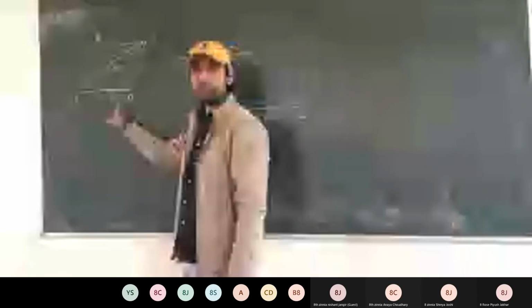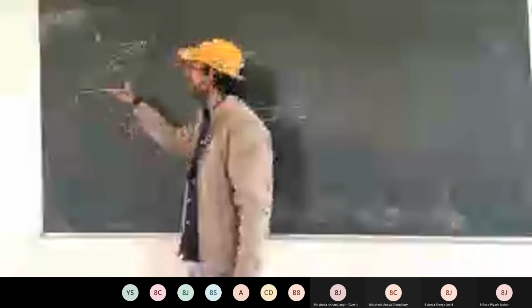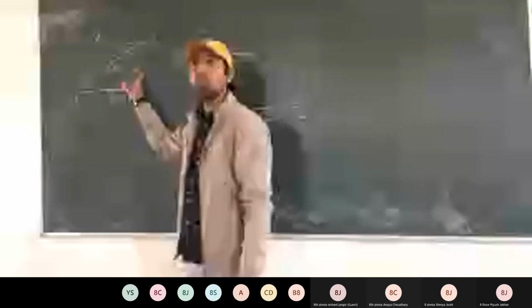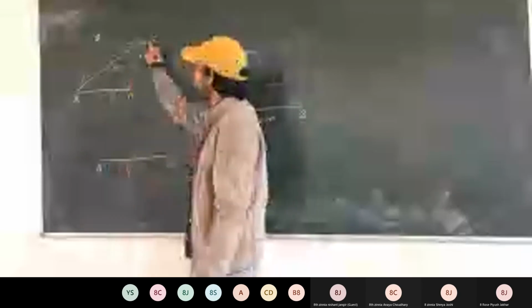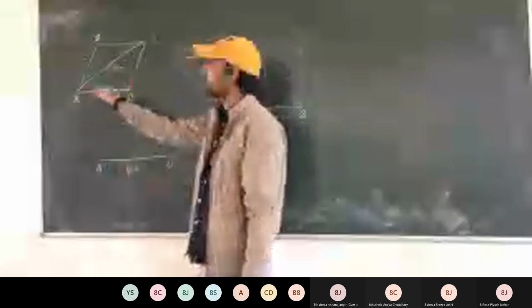How to draw? See here, AB is given as 4.7. It means all the sides are 4.7 centimeters. So first we draw a line AB of 4.7 centimeters. Now C is how far from A? 6.2 centimeters. From A, make an arc. So C will lie somewhere on this arc.